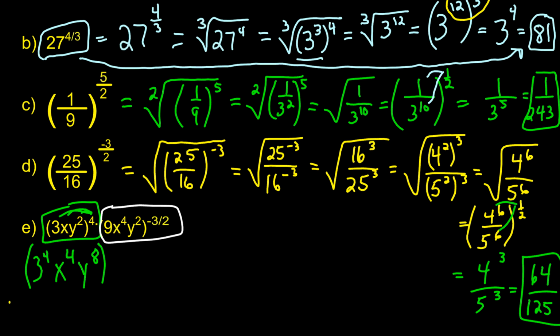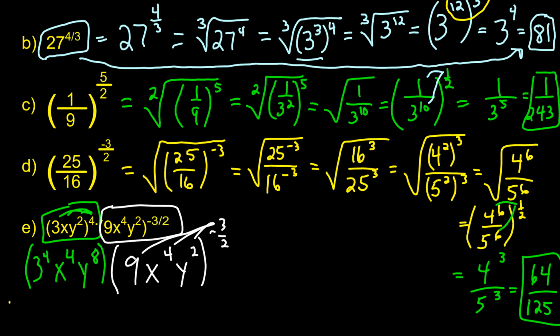All right. The other one, we've got kind of a mess going on here. We've got 9 x to the fourth y squared to the negative 3 over 2 power. But actually, we can do exactly what we did in that green part here, is we can multiply that into each part.